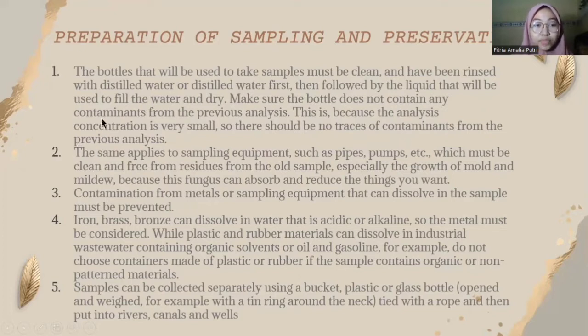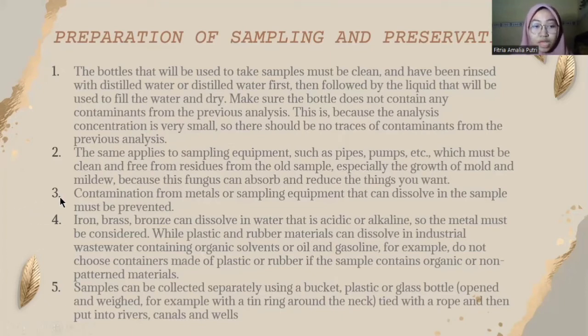And two, the same applies to sampling equipment, such as pipes and pumps, which must be clean and free from residues from the old sample, especially the growth of mold and mildew, because this fungus can absorb and reduce the analyte you want. And three, contamination from metals or sampling equipment that can dissolve in the sample must be prevented.